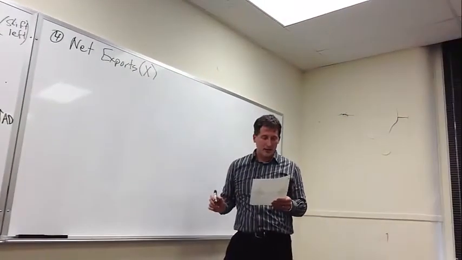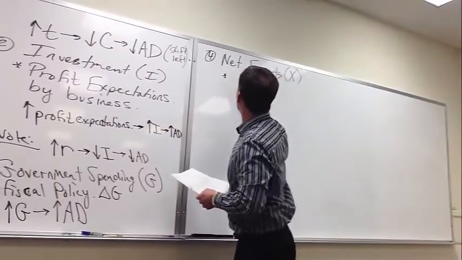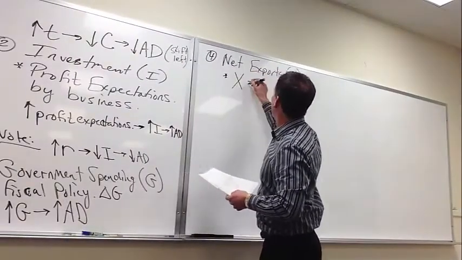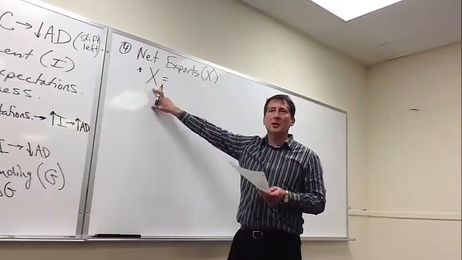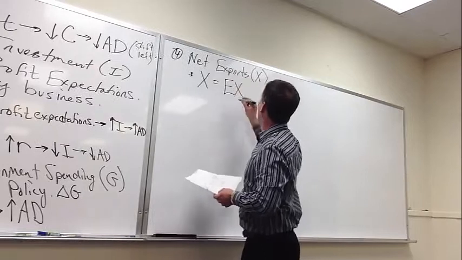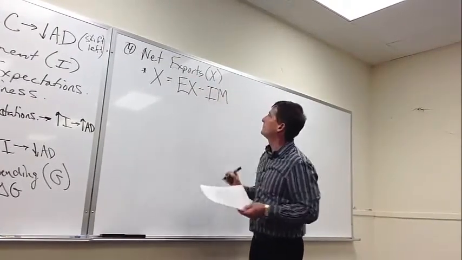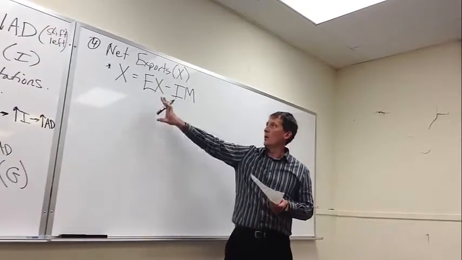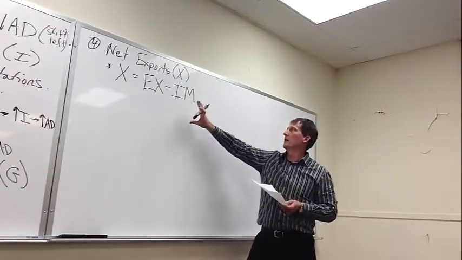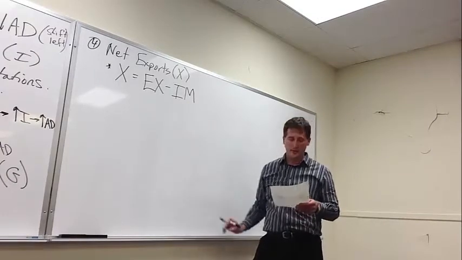From our equation, it's always been X. Don't forget that the single big X here is equal to exports minus imports. What we sell to the rest of the world versus what we buy from the rest of the world. Net exports.